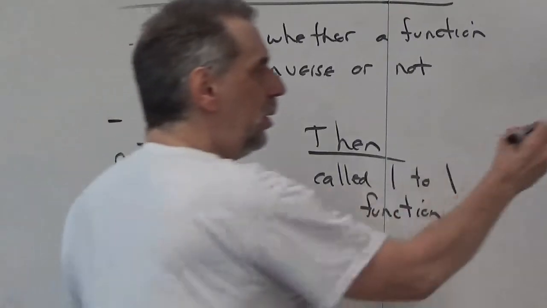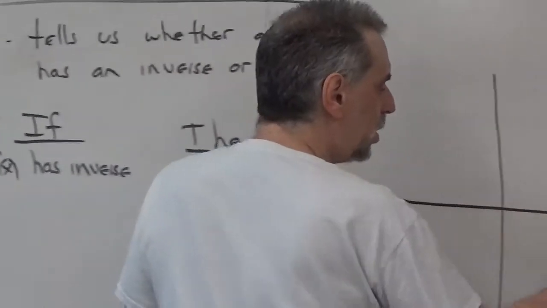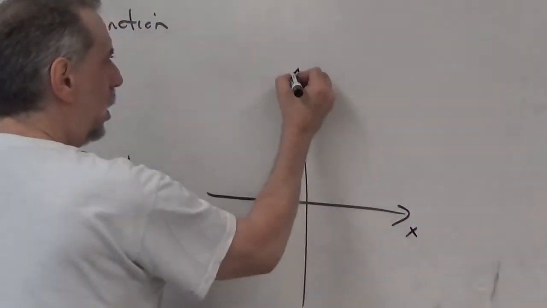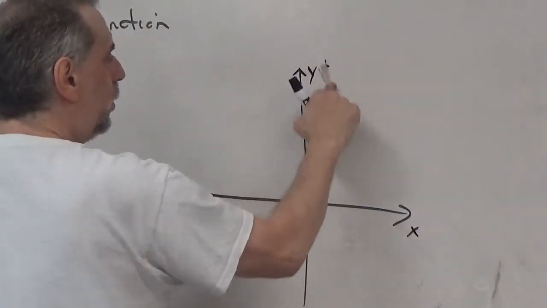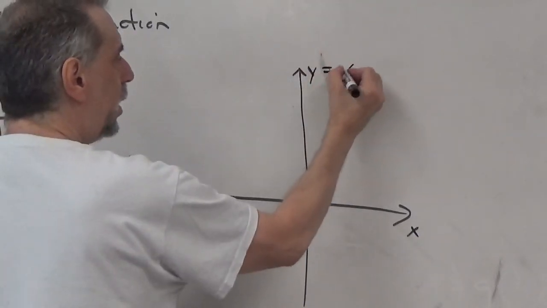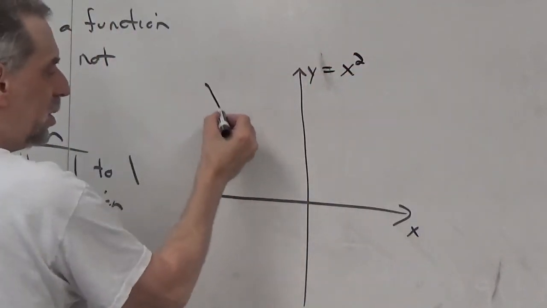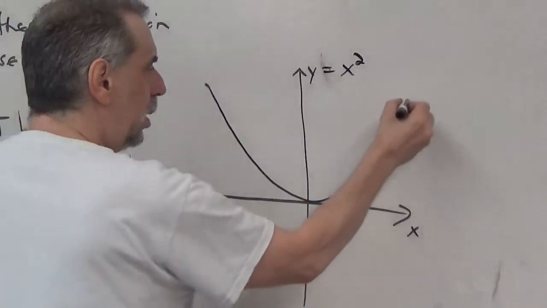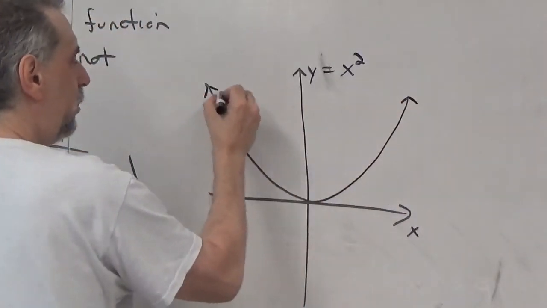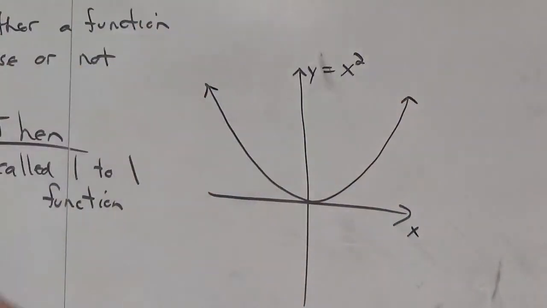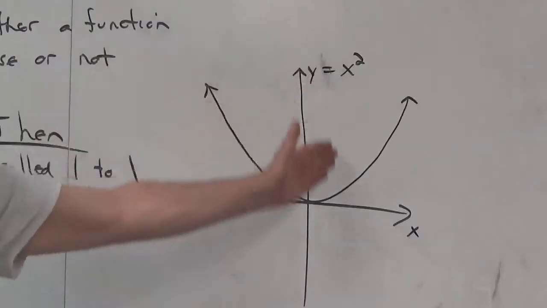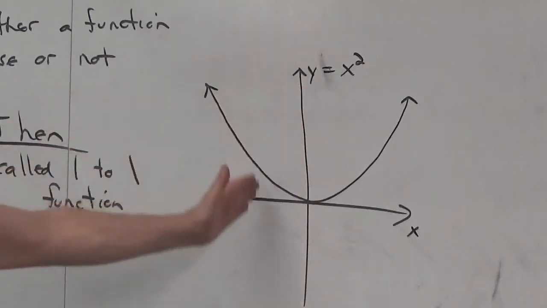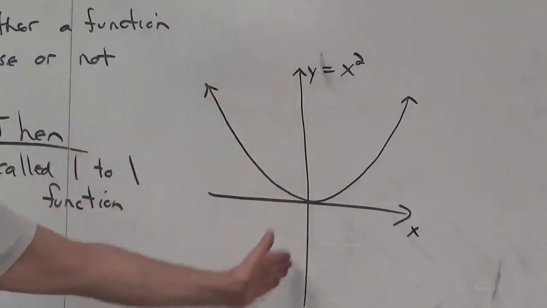But let's look at x squared. If y is x squared, we know what that graph looks like, right? Parabola with its vertex at the origin. Now this passes the vertical line test. Remember, the way to pass is that it can pass through at most one point in the graph.